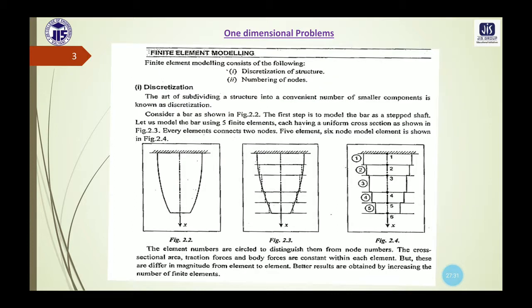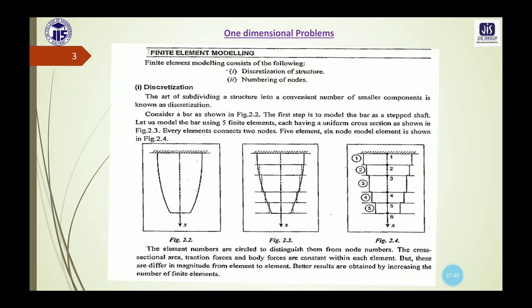After that, the discretization of any structure, that is, the breakdown or subdivision of any complex shape structure into smaller components, that is, elements, we need to do very carefully.